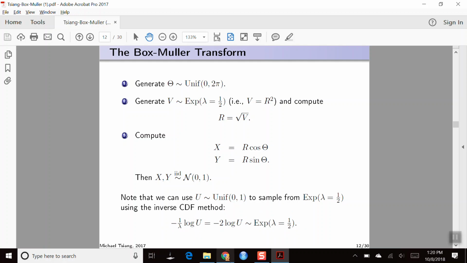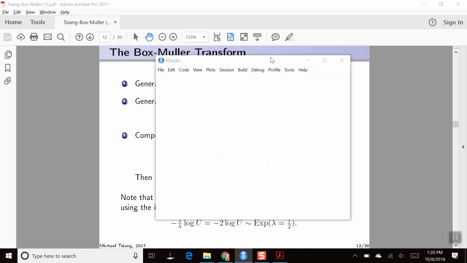Okay, let me go ahead and just kind of demonstrate this, coding it up.